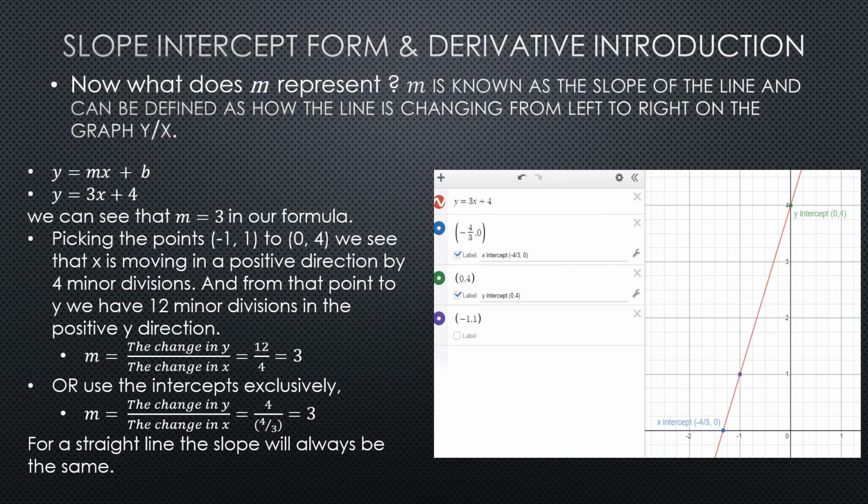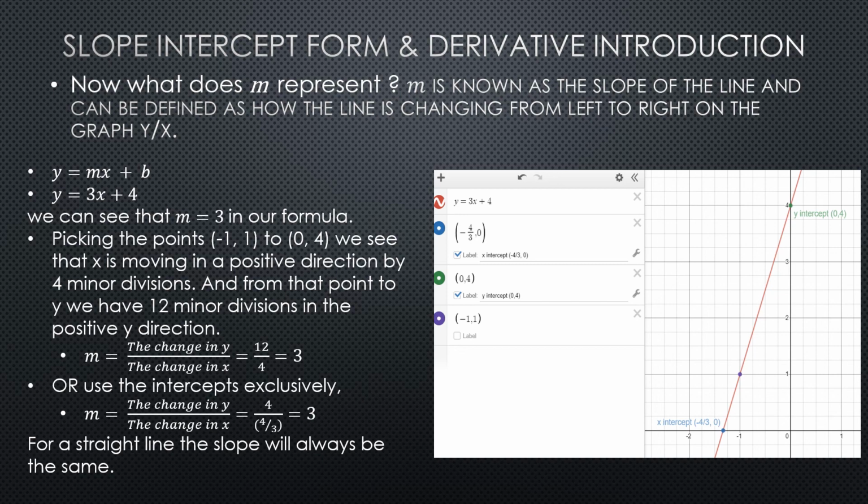Here you can see where we want to measure or derive the slope from the graph. I've changed the x-axis and the y-axis to be a 1-to-1 ratio. I picked a point that was easy to see, basically a whole number point.